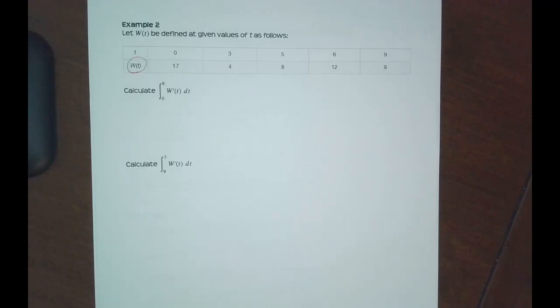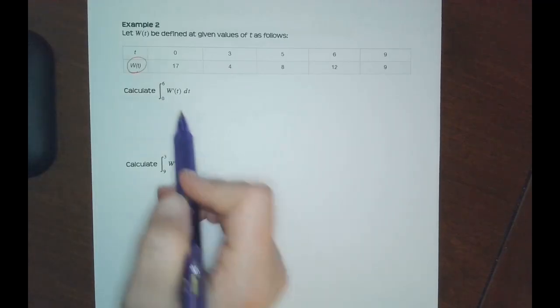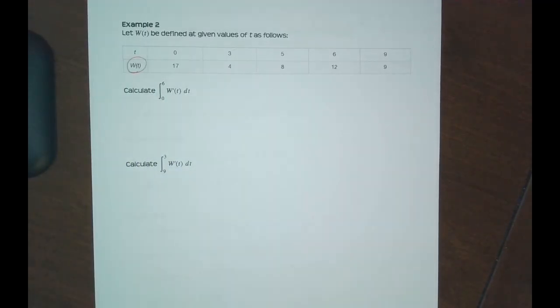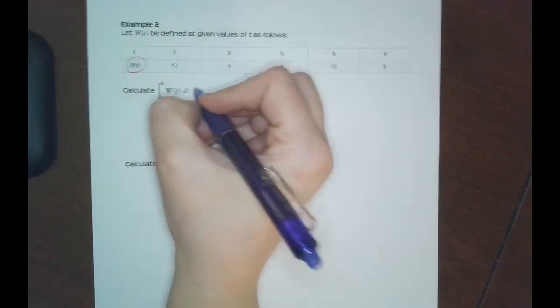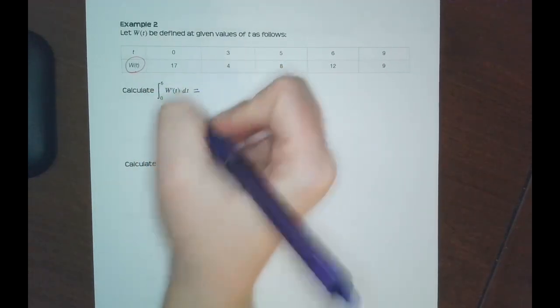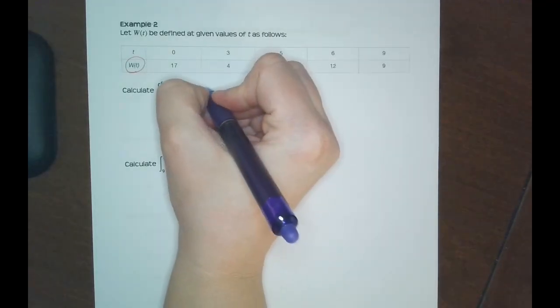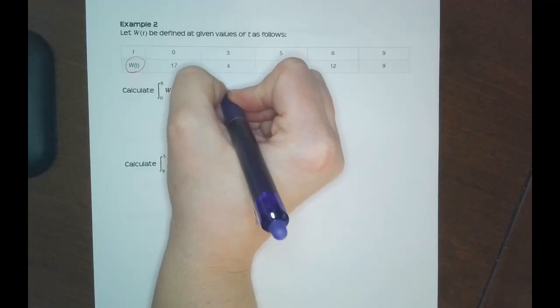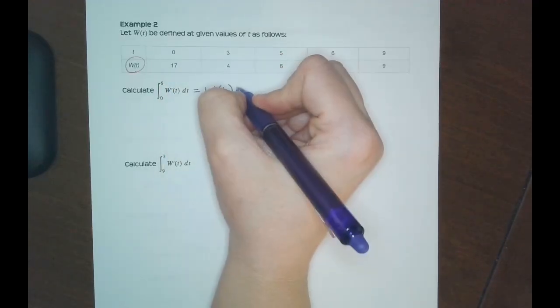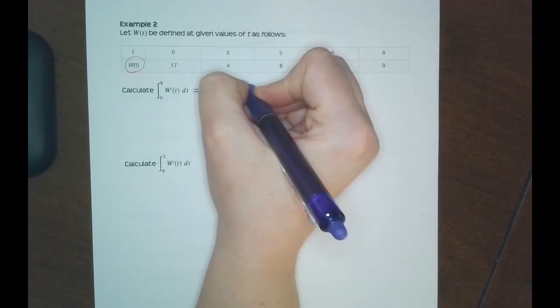We learned that to evaluate an integral, no matter what is in here, we need an antiderivative, right? So what's the antiderivative of W prime? Well, if it was W prime and you reverse the derivative, you would be looking at just W from 0 to 6.